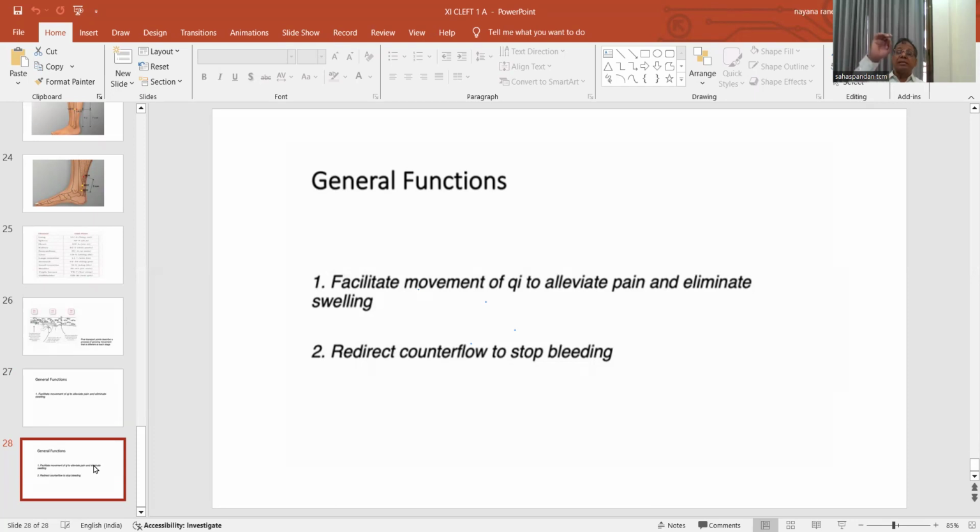These are cases where counterflow of qi in the channels has caused stagnation. The stagnation has built up in the channels and led to bleeding or bruising. Bruising means damage of small blood vessels.